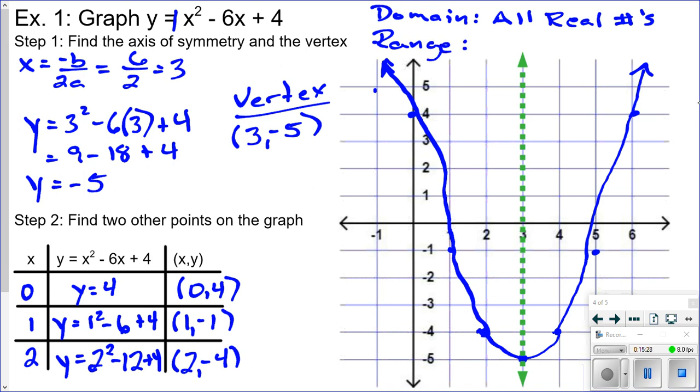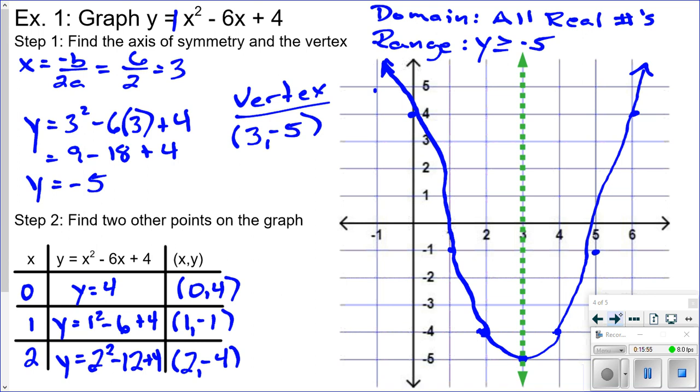The graph is the output of the function. That's what the graph gives you. Notice there are no y values below -5. All the y values are above -5. So for the range, we would say y is greater than or equal to -5. Okay, so that's just a quick review from previous lesson.